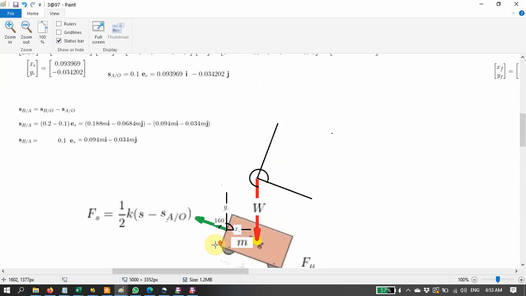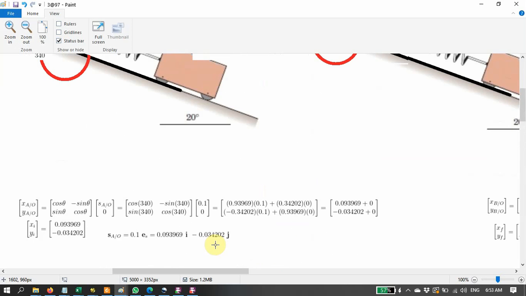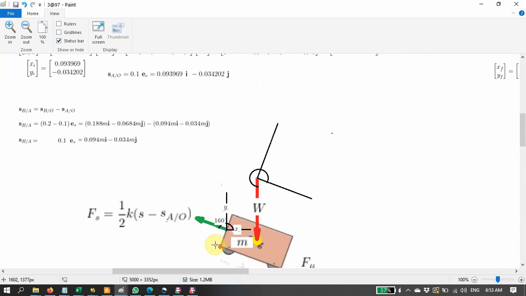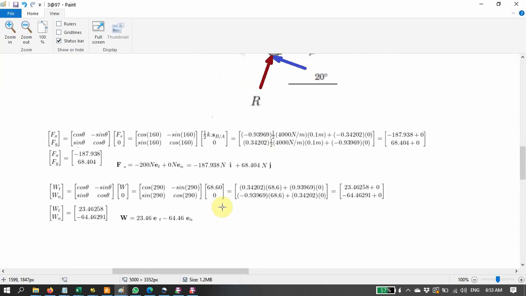So we are using the stretch from the initial state, and we get the component in the T and N coordinate system, right? So basically, this force is directed opposing the direction of the T coordinate system.